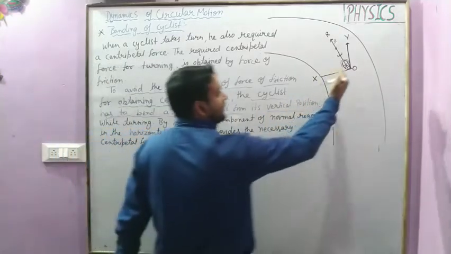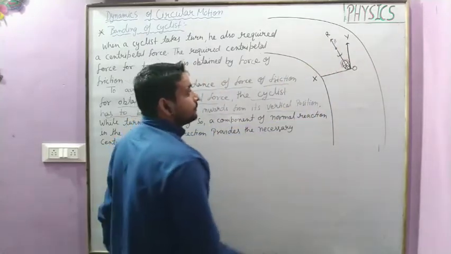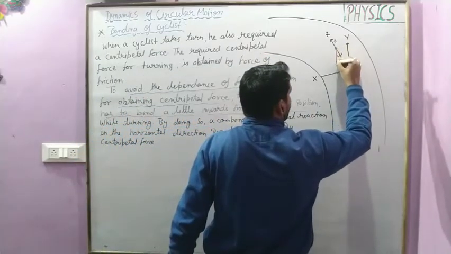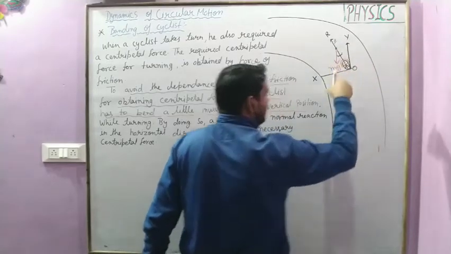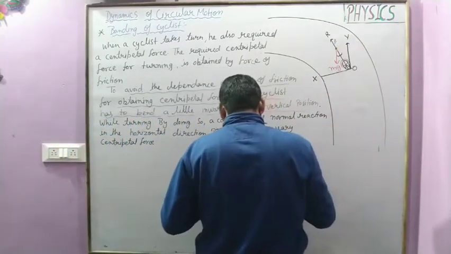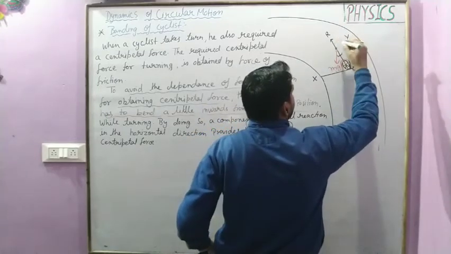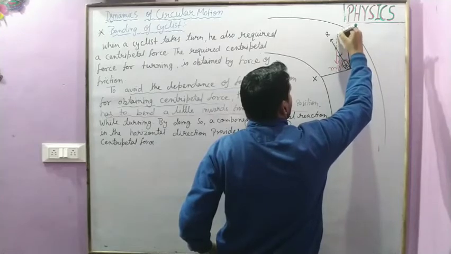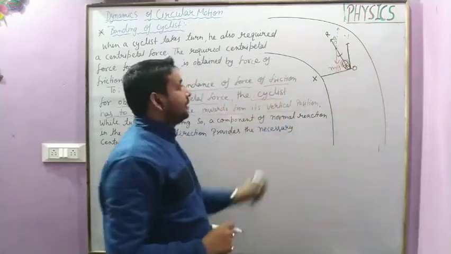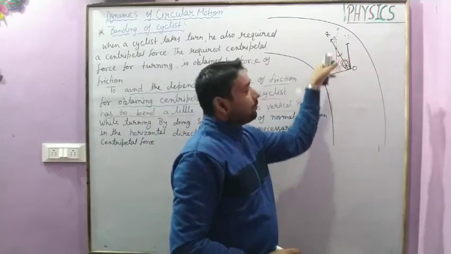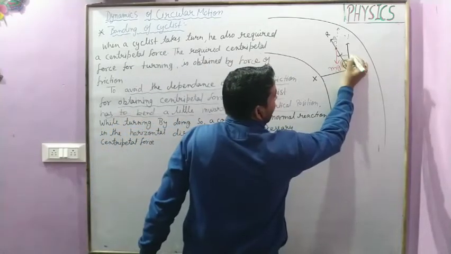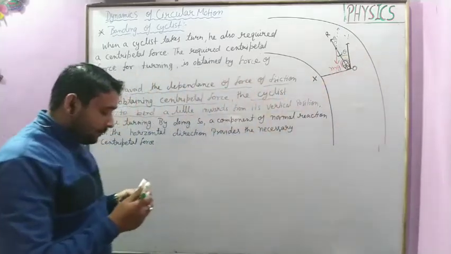Okay, if he bends a little from the vertical position, then the weight of the cyclist, mg, acts downward. This is the angle between the line of his weight and the direction of the reaction, and this bending of the cyclist is equal to theta.